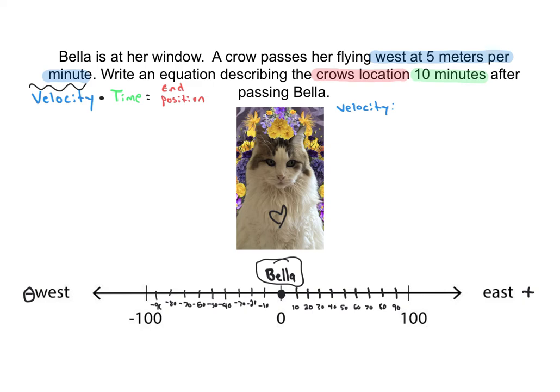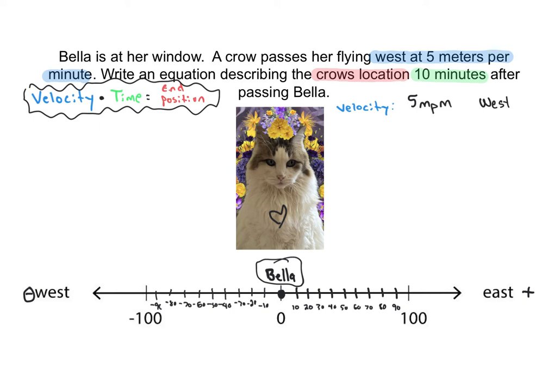So here I have set up a little formula where velocity multiplied by time will give you your ending position. So in this case, our velocity is the speed of the crow. So that crow is going 5 meters per minute west.